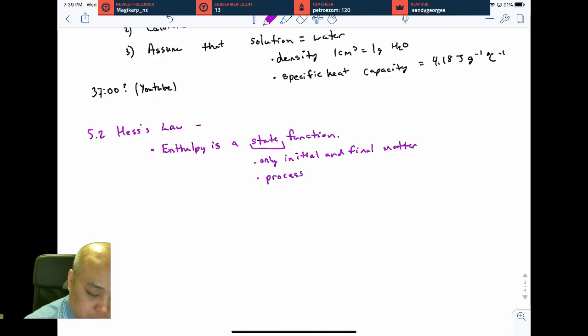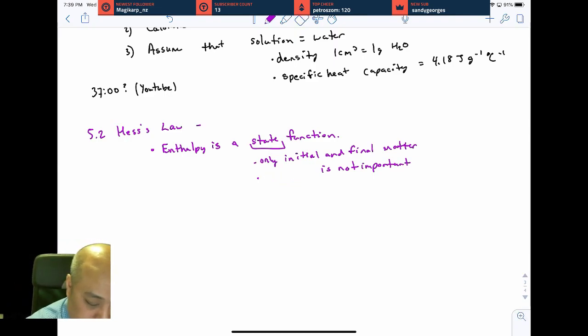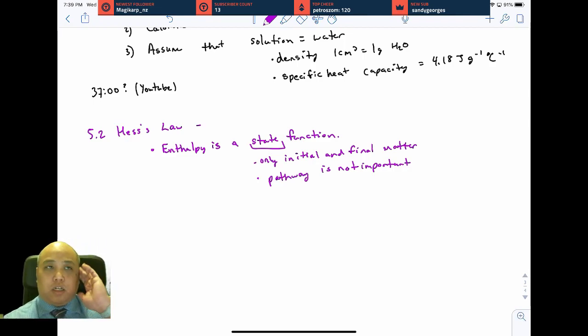Process is not important. So the pathway, I should say pathway, if I'm really being specific, pathway is not important. The best analogy I can think of is from physics. You know distance is different than displacement.